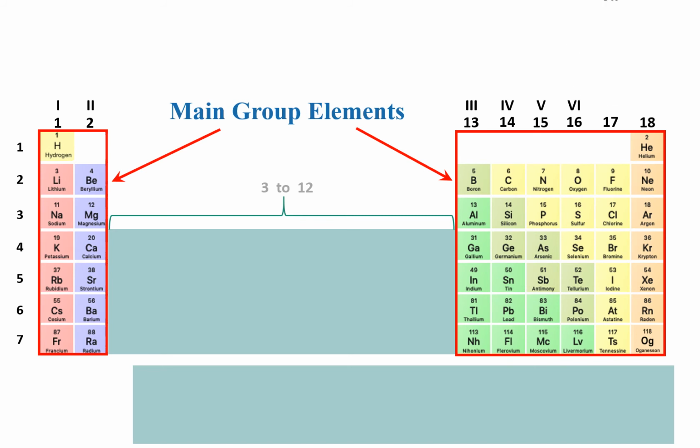However, note that if we eliminate the digit 1 in groups 13 to 18, we end up with the same numbers in both the Arabic and the Roman systems. I prefer the Roman system because it is more indicative of the number of valence electrons.